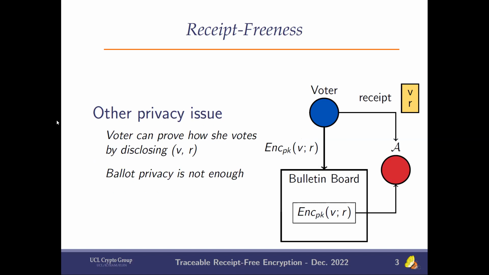If you use such a system, the voters can prove to another party how they voted. So if the voter is adversarial, they can give an adversary an opening of the encryption. For example, you can give the vote and the randomness of the encryption you put on the bulletin board, and the adversary can then check on the bulletin board and verify how the voter voted. So ballot privacy is not enough, and we also want to build some protection against such attacks.